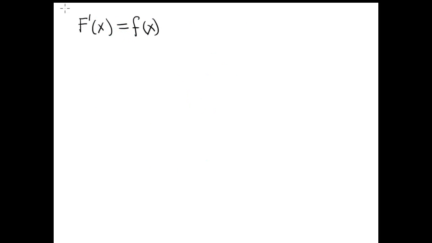One symbolic way to represent this idea is using this new notation. This symbol is the integral symbol.